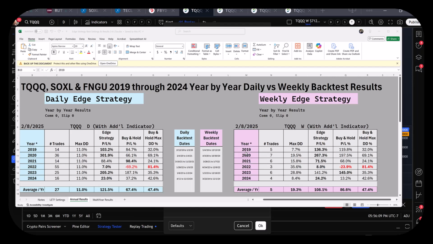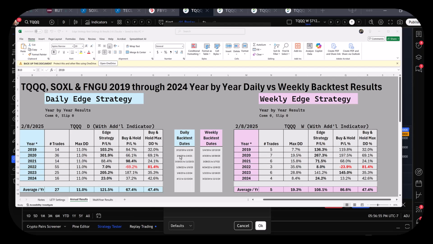So when we compare the strategy performance to buy and hold, we want to do an apples to apples type comparison. So we're going to run it for the same time period for both. The chart we're going to look at on TradingView, we're going to look at the 2020 year.